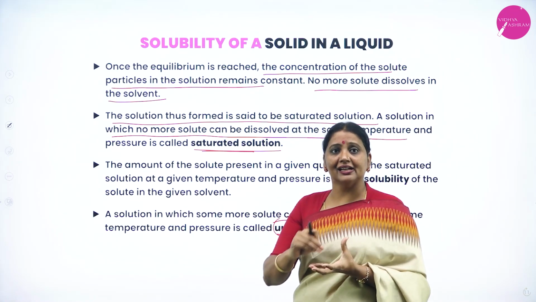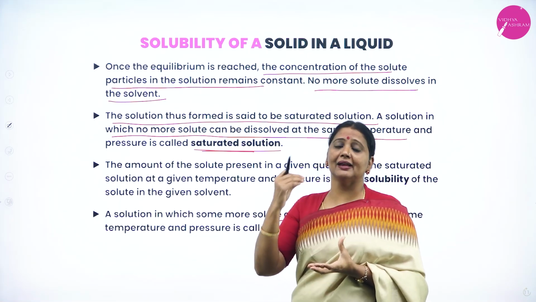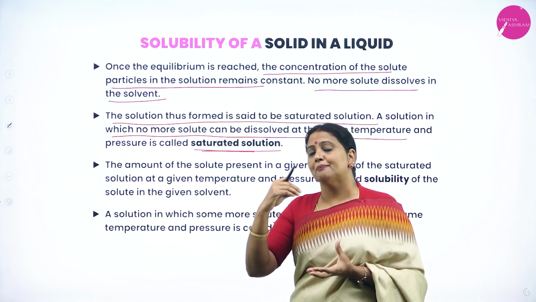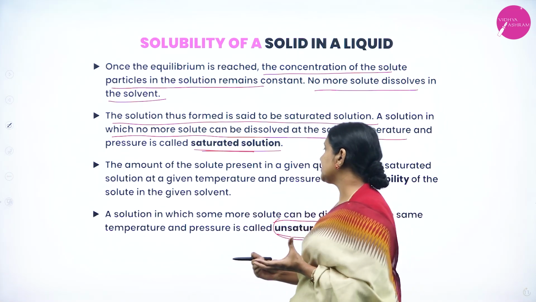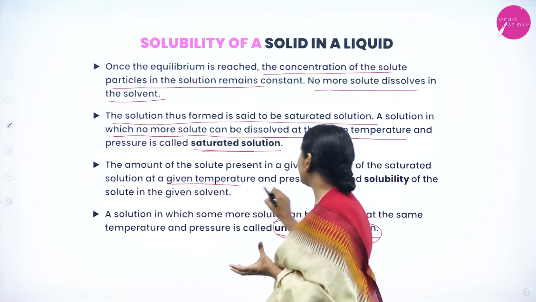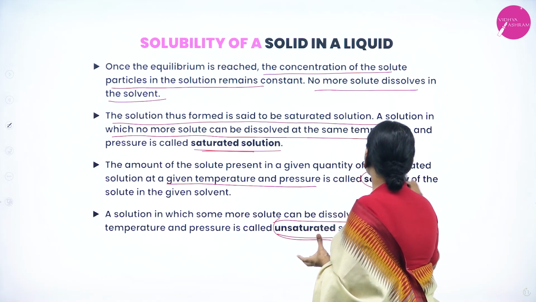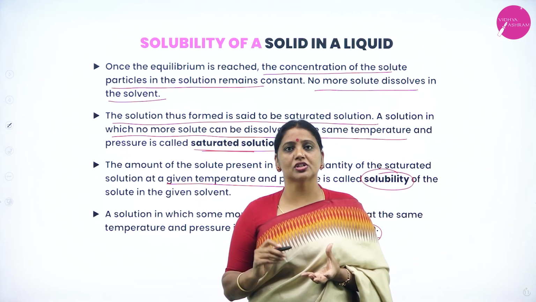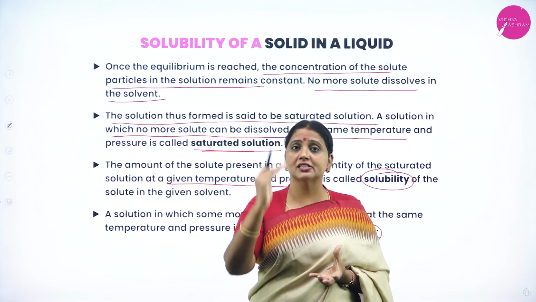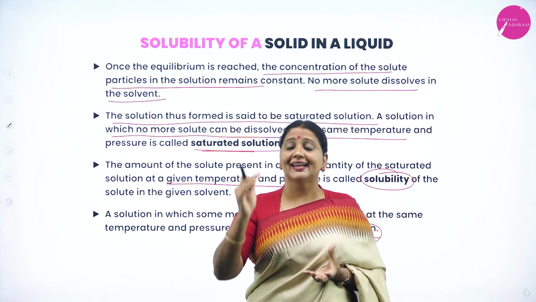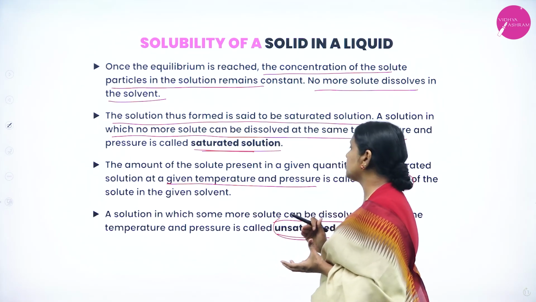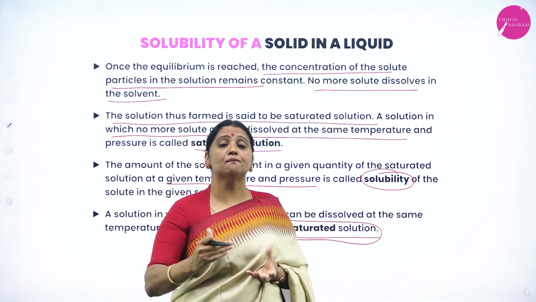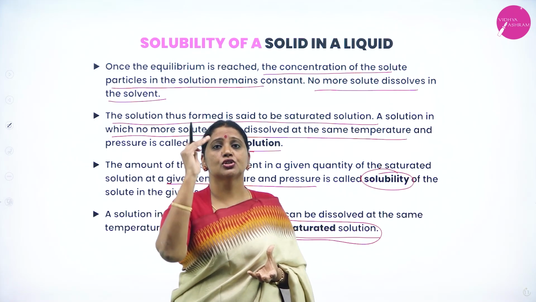In that, calculate the amount of solute present in a given quantity of a saturated solution. The amount of solute present in a given quantity of saturated solution at a given temperature and pressure is called solubility.